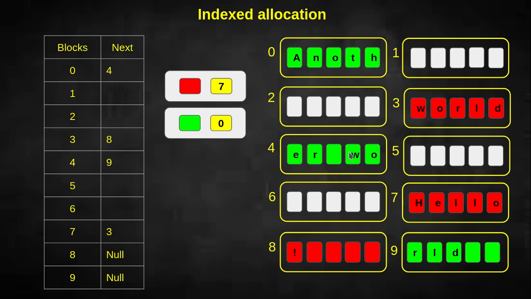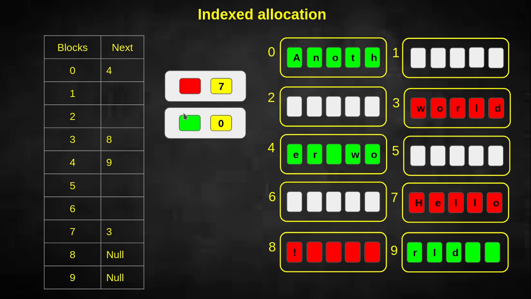If we come over here, you'll see 3, "hello world", the continuation of it. We want to get 3's next block, so we go over to our index and check what the next block is. It's 8. So we get the data from 8 and add it up. Then 8 wants to get its next block. We come over here and we realize it doesn't have anything. That tells us we've gotten to the end of the file.